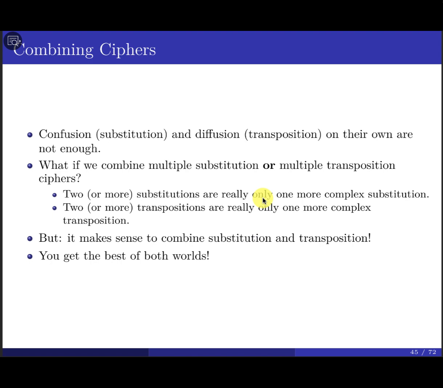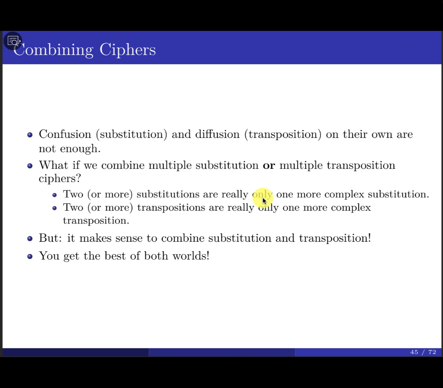Confusion by itself, or diffusion by itself, in other words, substitution and transposition on their own, are not enough. If you have built an encryption scheme and you only use substitution to try to achieve confusion, or transposition to achieve diffusion, you see that is not enough. It's not secure. It's easy to crack the system. Okay?